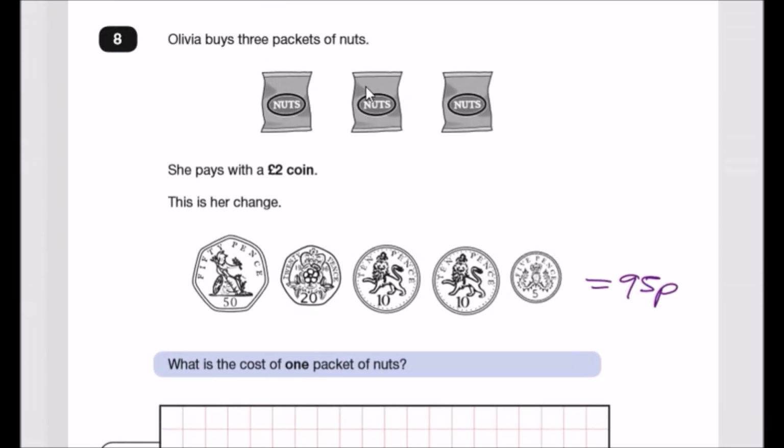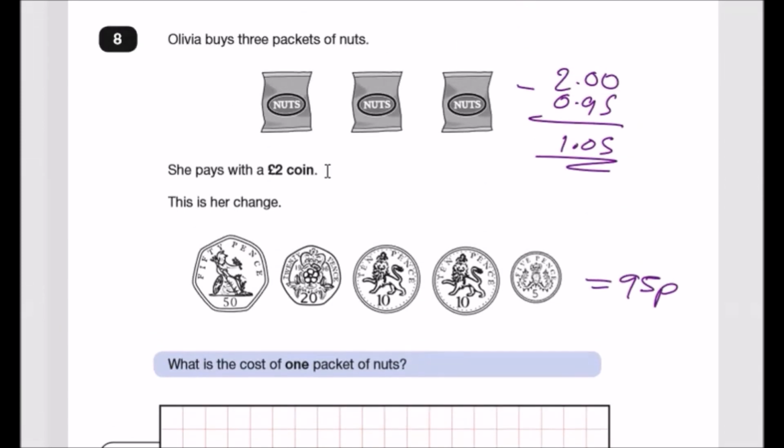So first things first, let's work out how much she paid in total. So the difference between £2 and 95p. So mentally, this will give you £1 5p, but to just work it out, 2.00 minus 0.95. So from 95p to £1 is 5p, plus an extra pound, 1.05. So always do £1 first, round up to £1 is 5p, add another pound, £1 5p.